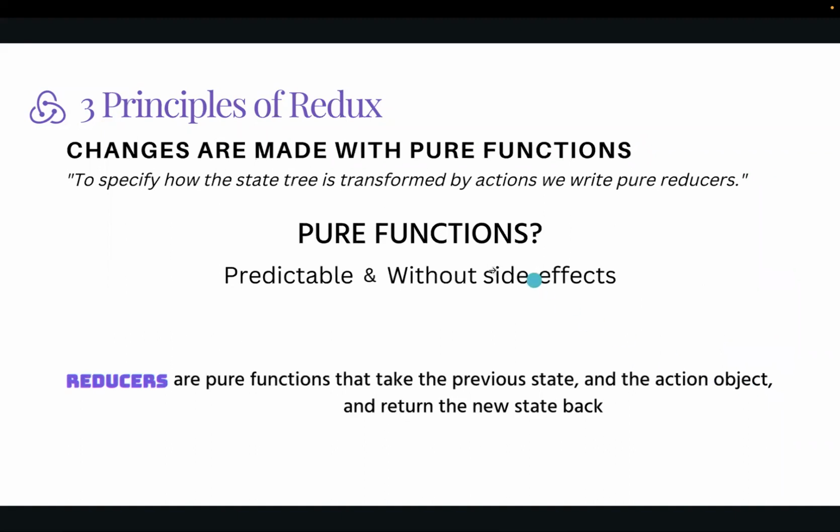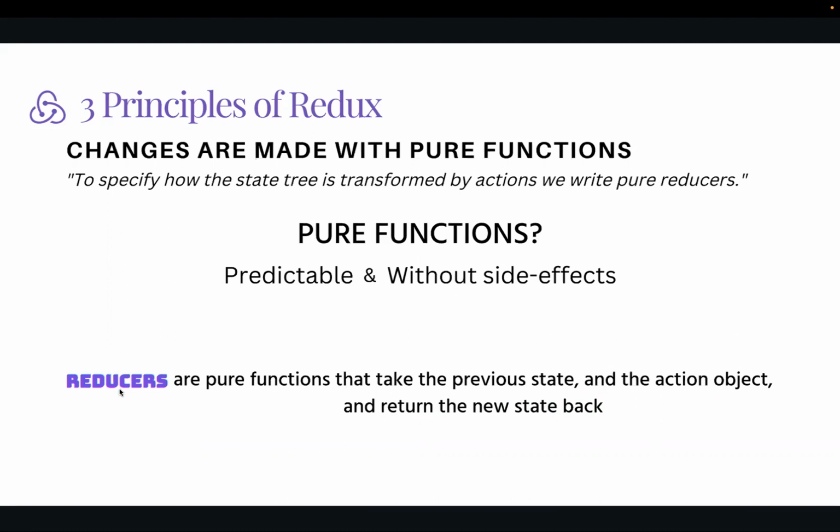Reducers are pure functions that take the previous state and action object and return the new state back. So reading this line, can you tell me how many parameters a reducer takes? 2 parameters, right? And what does it return?